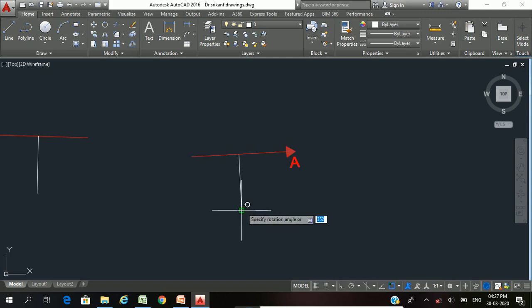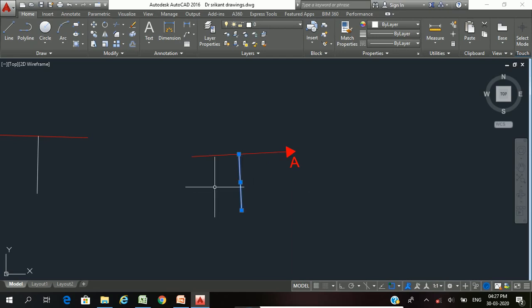how will the force rotate? It will start to rotate in clockwise direction about this point. You can see the force is rotating in a clockwise direction. That is, the moment is acting in a clockwise direction.